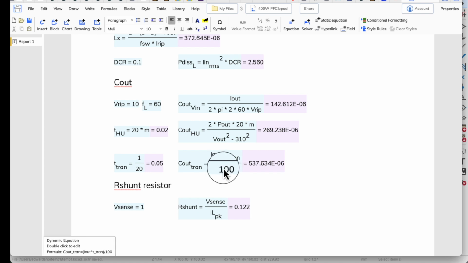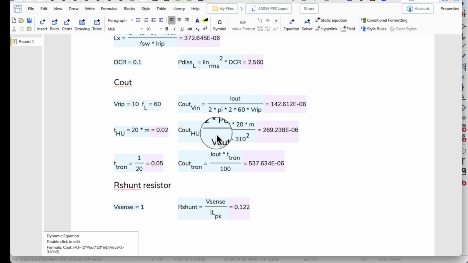I'm saying that voltage can drop 100 volts at the input because the next stage can regulate through that. It's similar to this one here in the middle: V out minus 310, so I'm letting the voltage drop 90 volts to get this equation. The V squared is where you start minus where you could drop down to, and that's this hold up.